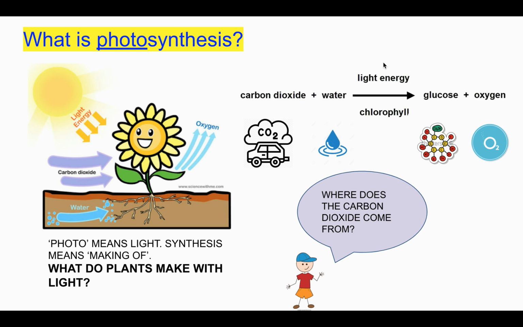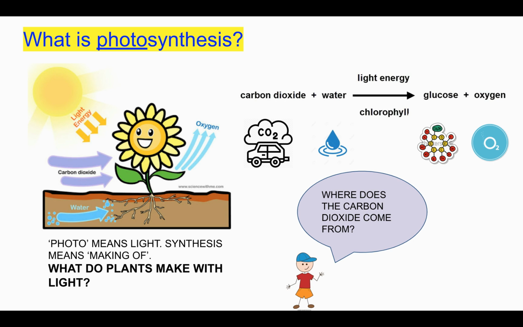You've got to have chlorophyll, which is a chemical used by the plants to capture sunlight. If you have all of those conditions, then you can make what we really want for the plant, which is glucose. Then they produce a waste gas, which is not needed in much quantity by the plant, which is oxygen.